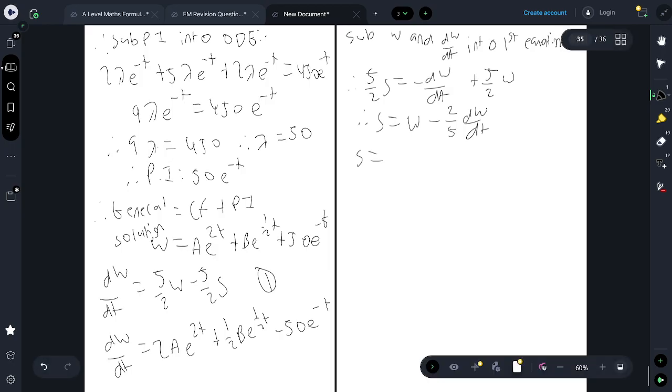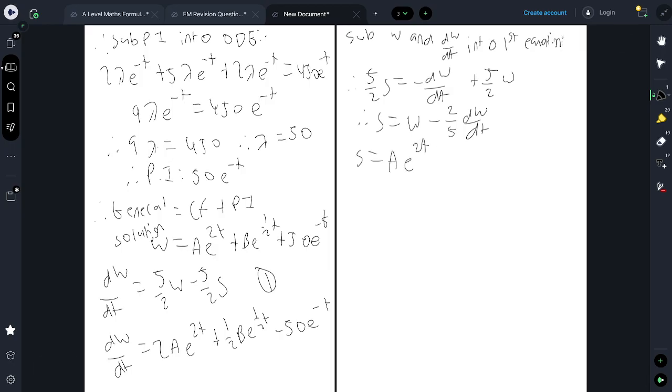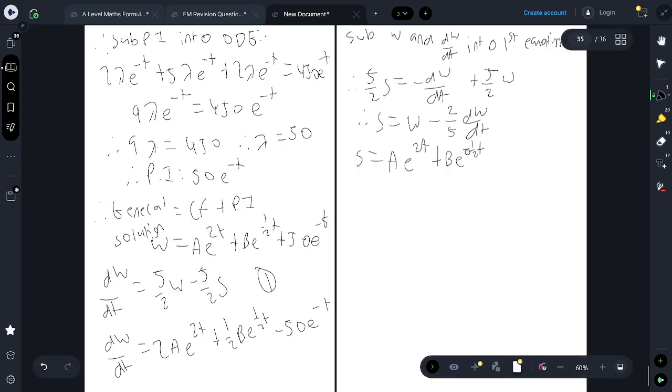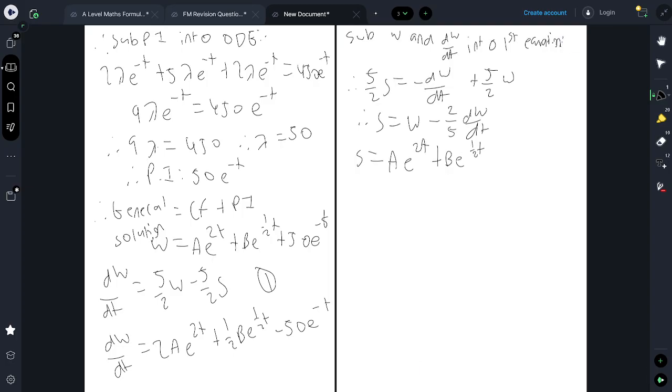So let's do it first, and now we substitute for w. w, remember, is a e to the 2t plus b e to the half t plus 50 e to the minus t.